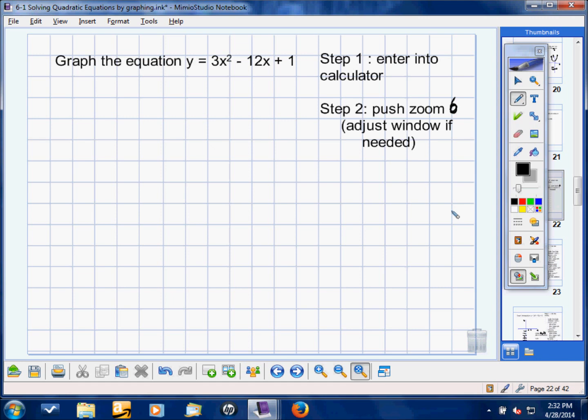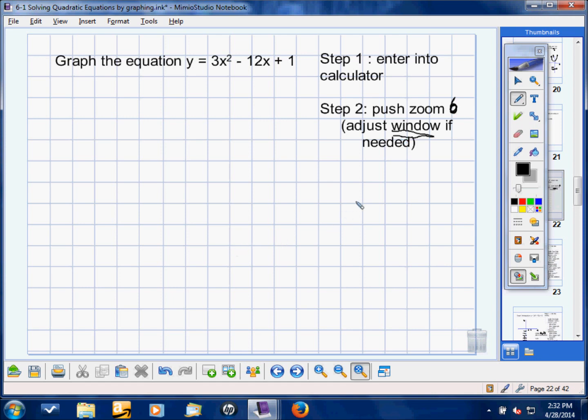Notice on the notes I say adjust the window. Where it says window, we notice that our Y minimum is -10. We should adjust that a little bit. Let's bring it down to -15. You only need a little bit more room. Then push graph, instead of Zoom 6.